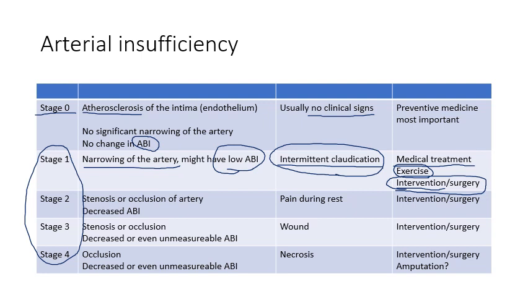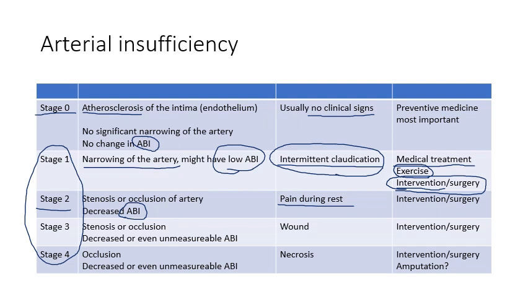Stage 2 of arterial insufficiency is when you have a significant stenosis that might lead to an occlusion of an artery, and you most definitely have a decreased ankle brachial index. The patient has pain during rest, meaning that even the lowest demand of the muscle during rest is not met.